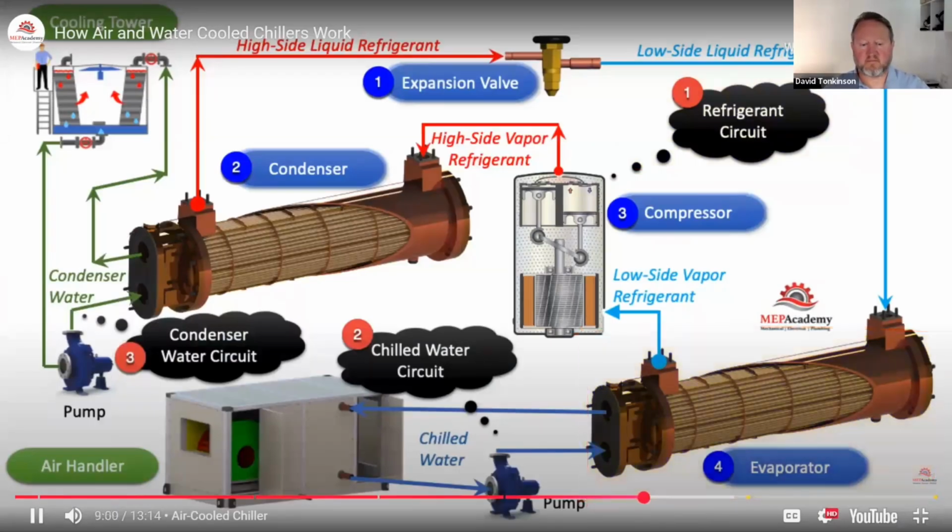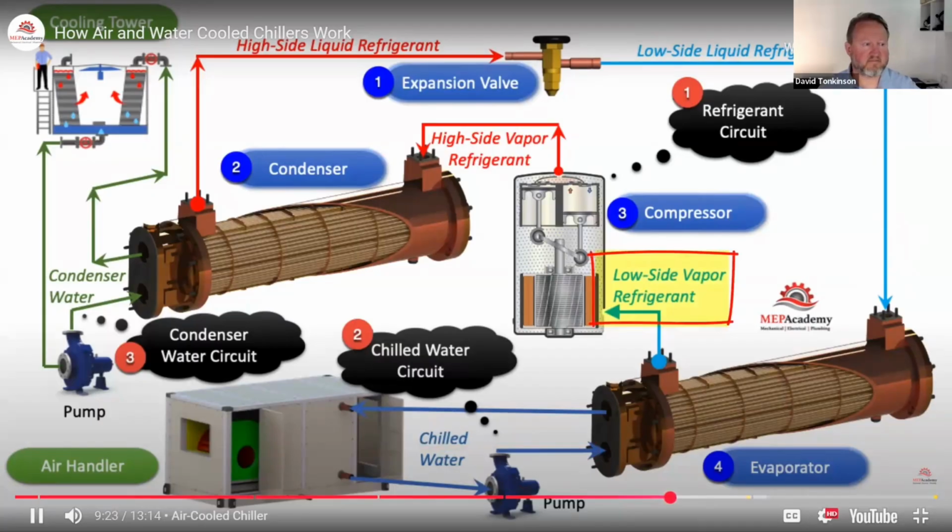Now the process begins with this low side liquid refrigerant coming in at a cooler temperature than this chilled water. So the heat is given to the refrigerant, causing it to go from a liquid to a vapor, causing it to evaporate.